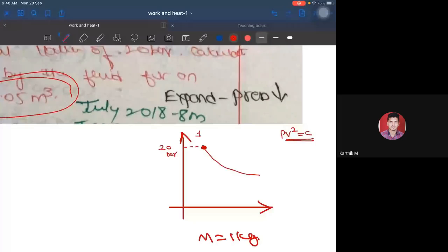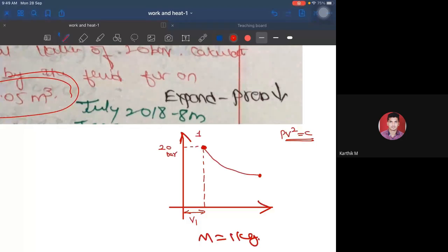He says it gets expanded until the volume is doubled. Suppose this is your volume, which is V1, and the volume is doubled in the sense when it becomes 2 times its volume, then it will reach the state 2.